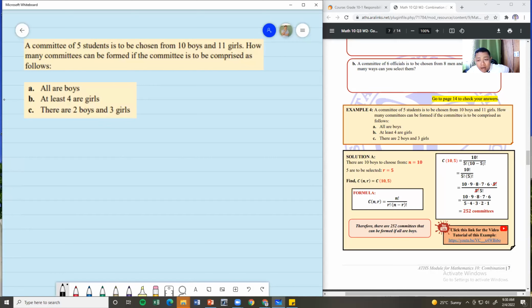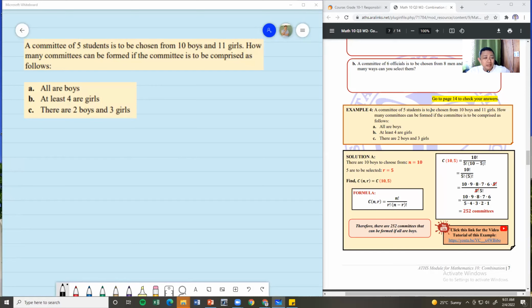If all are boys, and you're just choosing boys, will you include the girls in the list? Yes or no? Of course not. You're only choosing 5 from the boys. There's no need to include the girls in the list, because they will not be chosen and are not part of the group.